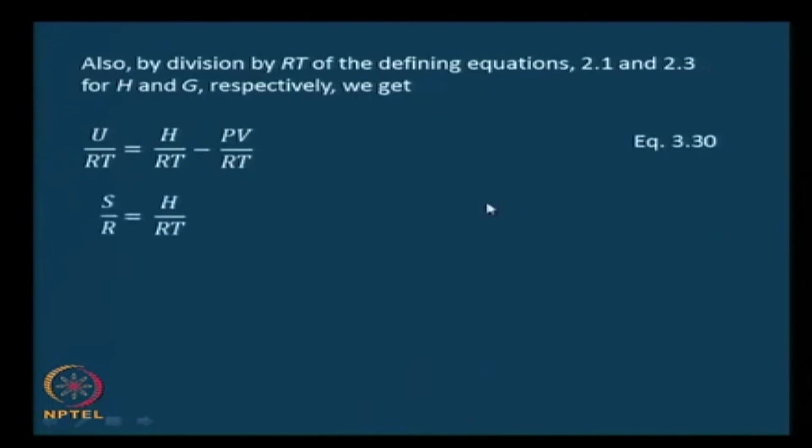And G equals H minus TS, and from that we get S by R equals H by RT minus G by RT, equation 3.31. We will stop here with equation 3.31, because we would like the further development to be a little more continuous, and we will continue with this in the next class.